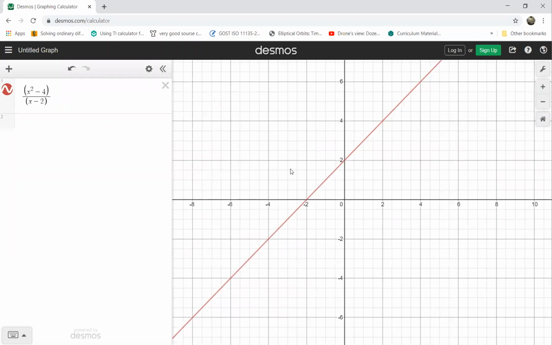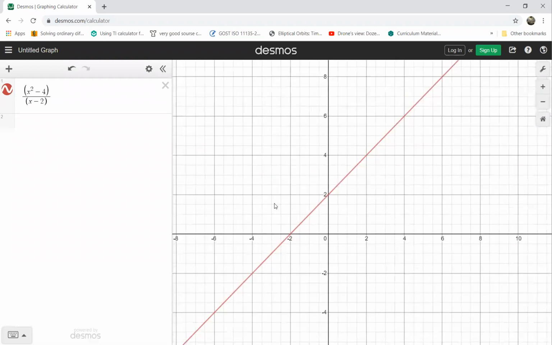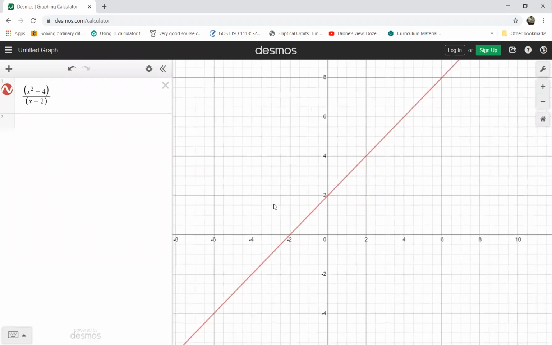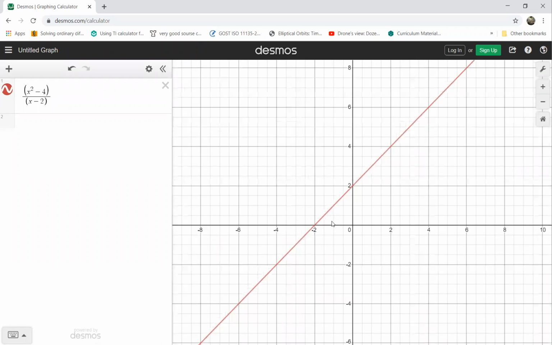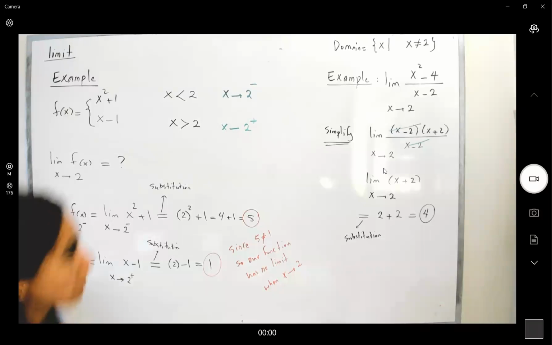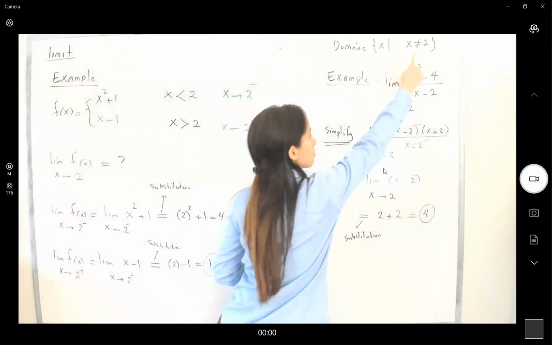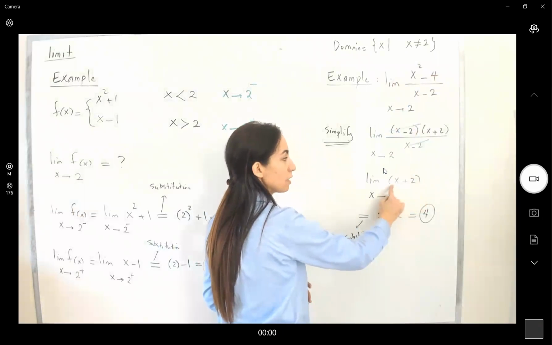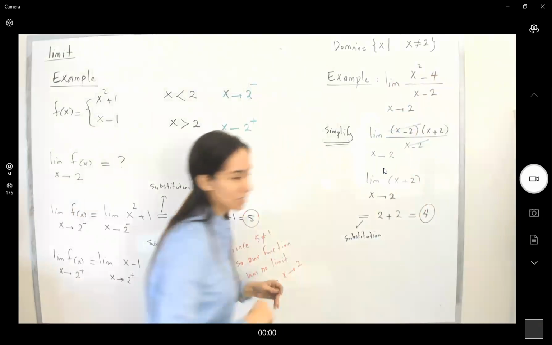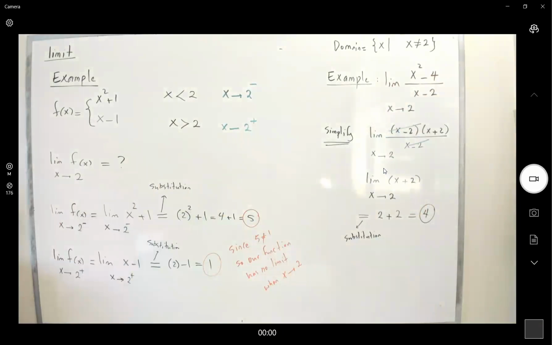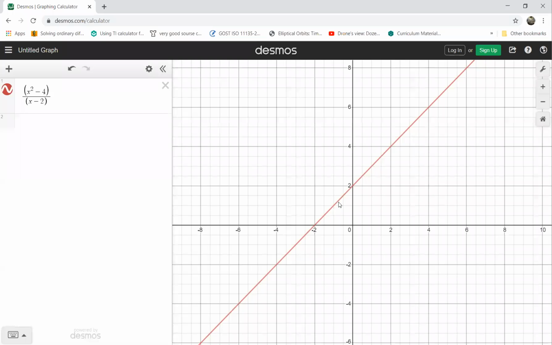Take a look at the graph of the function. After simplifying the function, we get a linear expression, and take a look at your board. After simplifying this rational expression, we end up with a line, a nice line, x plus 2, and Desmos gives us the graph as we can see it here.